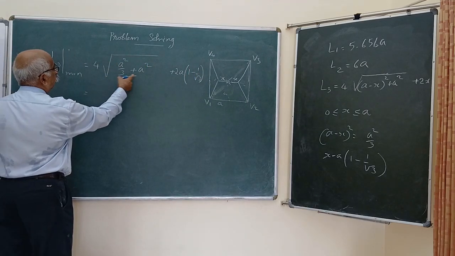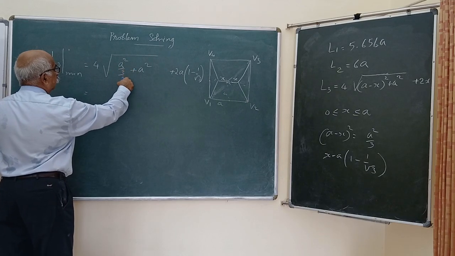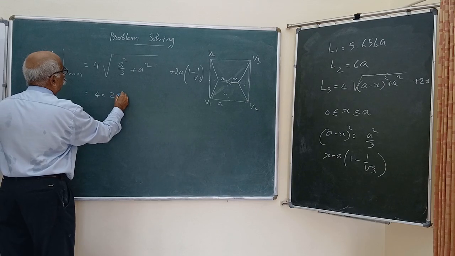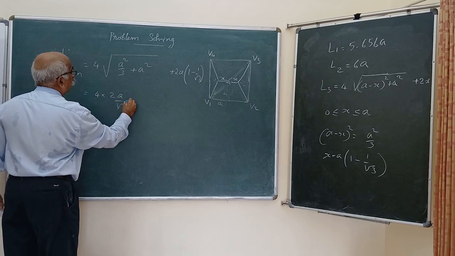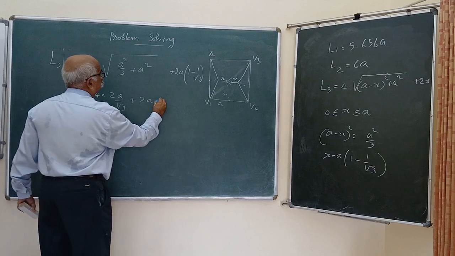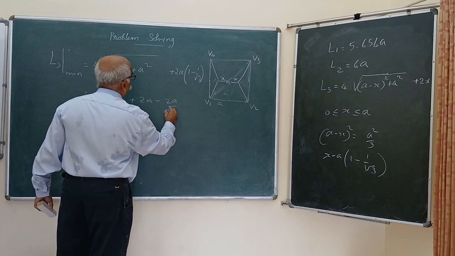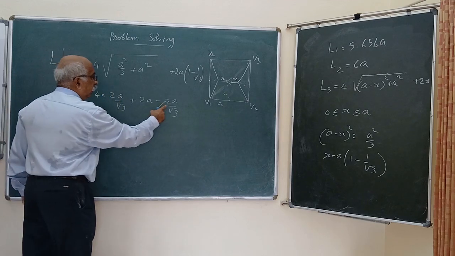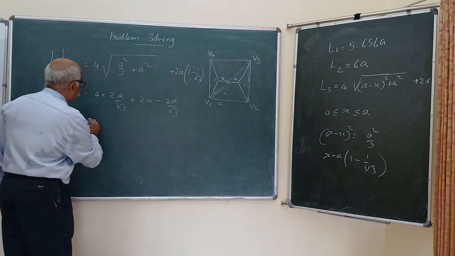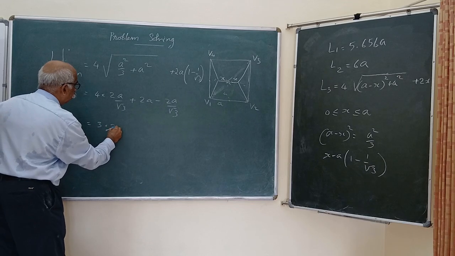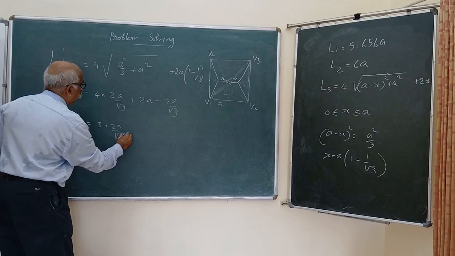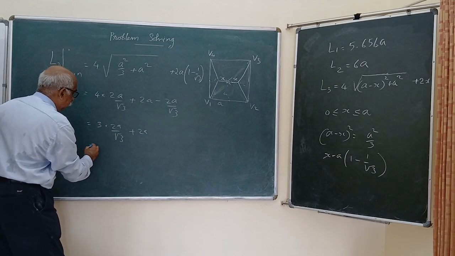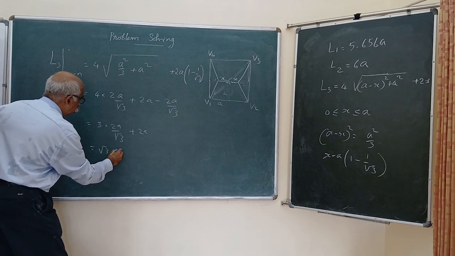This is equal to 4 times the square root of 4a square by 3, which is 4 times 2a by root 3, plus 2a minus 2a by root 3. Simplifying, we get 8a by root 3 plus 2a minus 2a by root 3.